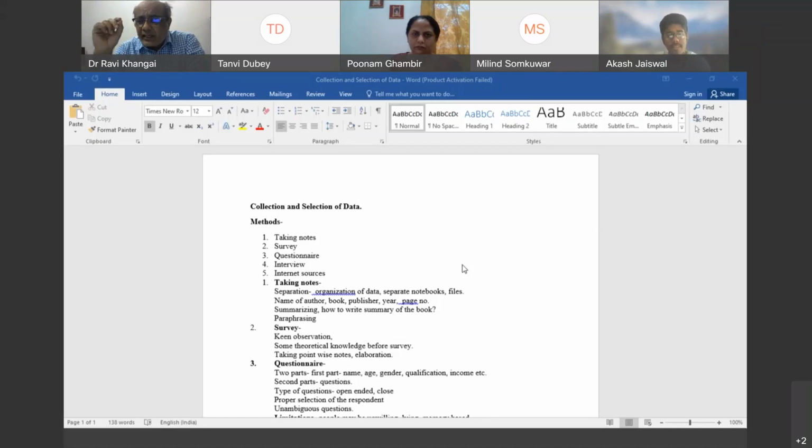And it is quite possible that for the men who are more closely engaged with the cultivation, the irrigation facility could be a more important problem. So if you have this data, let us say 50 male and 50 female have responded, by the responses you can analyze that for the women, drinking water is more important, and for the men, it is the irrigation facility which is more important.